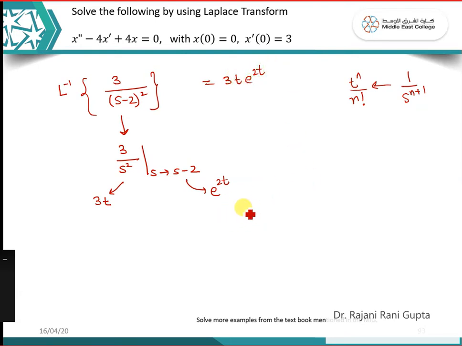We make use of the second shifting property. And what was it?